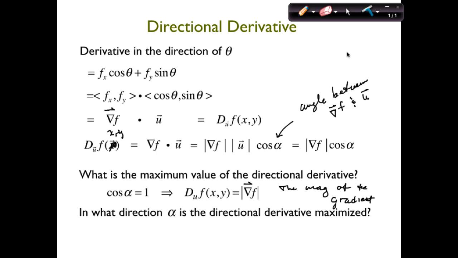So what does that say? What u are we going to pick? What direction are we going to pick so that alpha is 0? The direction of the gradient, right? So if alpha is the angle between u and the gradient, u is the one we get to choose. And we need to choose alpha to be 0. Well, that means we're going to put u in the direction of the gradient. Makes sense.